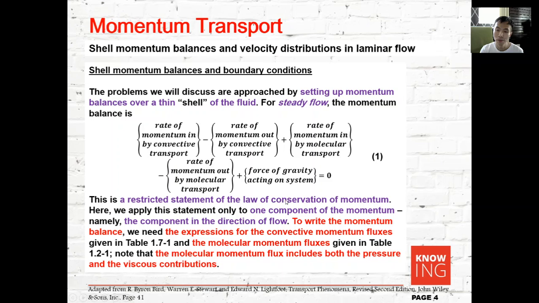What we show here is a restricted statement of the law of conservation of momentum. It is restricted in the sense that it may not apply to all systems, but it is enough to illustrate the application of momentum transport in the examples that we discuss here.